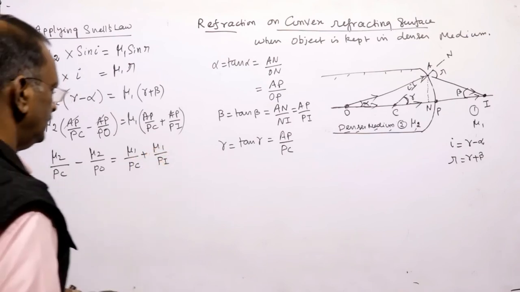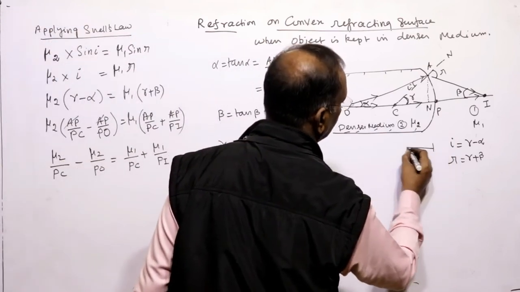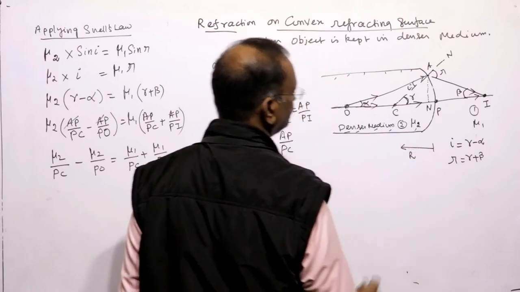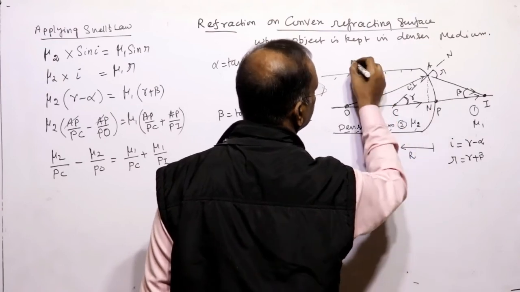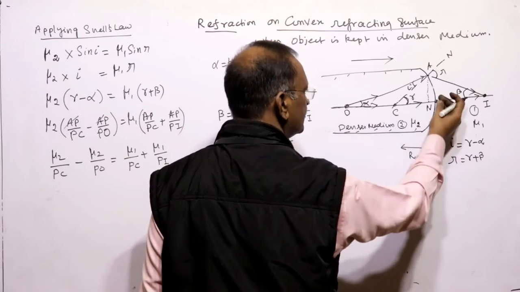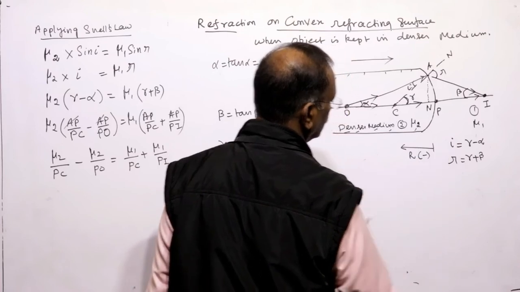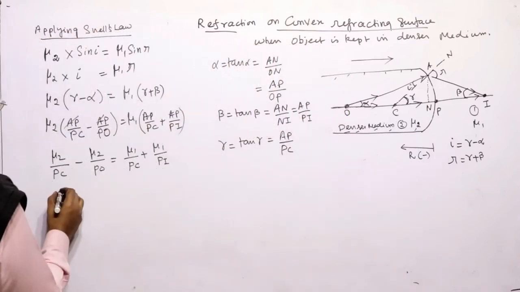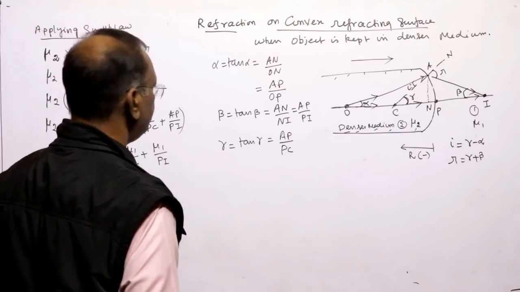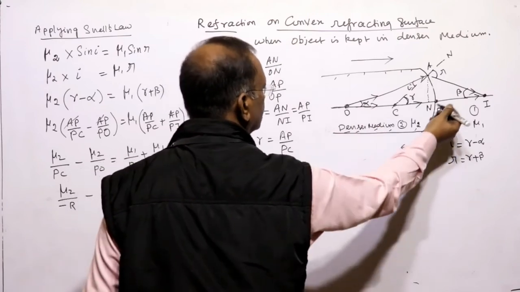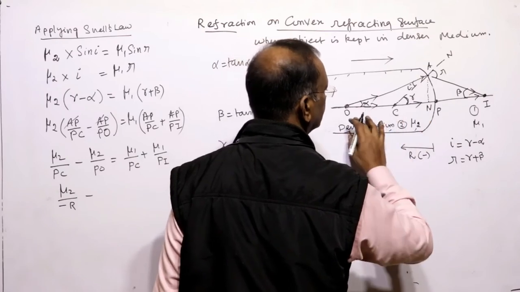In this case, what is PC? PC is from here to here. It is the radius of curvature, the distance of the center of curvature with respect to the pole. This is the ray direction. According to the sign convention, we measure from here to here, which is in the negative direction, so R is negative. PC is equal to minus R. And PO is also measured against the ray direction, so it is minus u, because OP is the object distance.